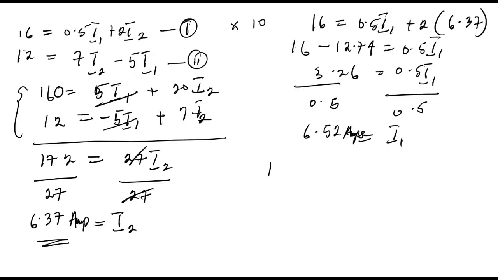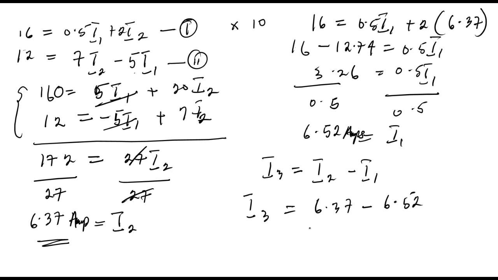So I3 will be the same thing as 6.37 minus 6.52. I3 is equal to minus 0.15 amps. That tells me that the direction I took for I3 was wrong.